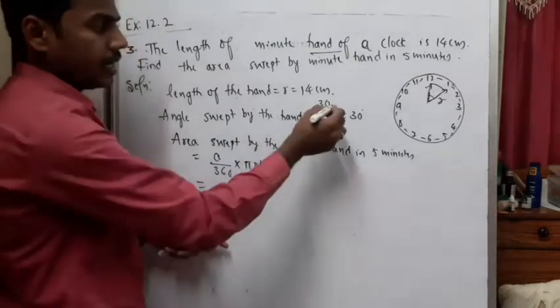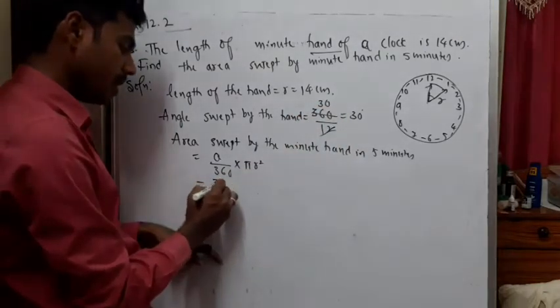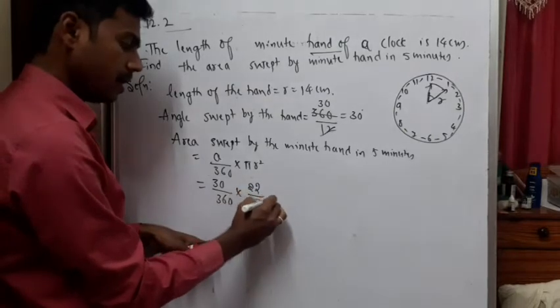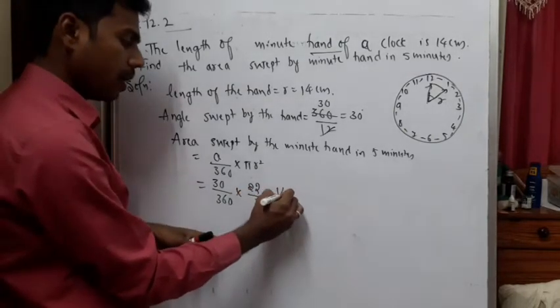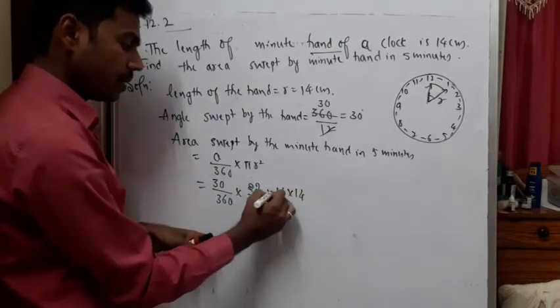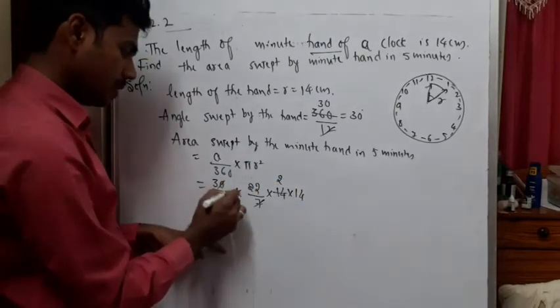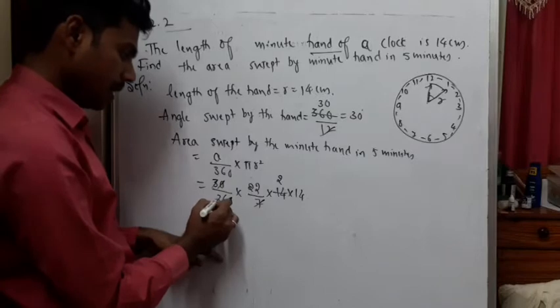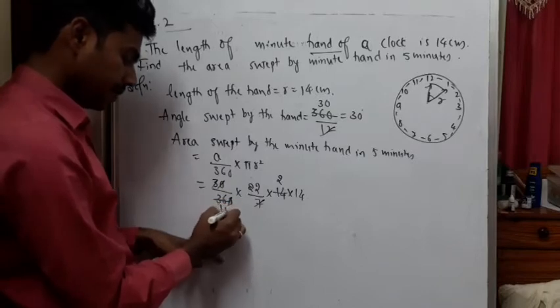What is theta here? Theta we just calculated, that is 30, divided by 360 into 22 divided by 7 into what is r? 14 into 14. 7 twos are 14. Now this 0 will get cancelled. So 3 ones are 3, 3 12s are 36. Fine.